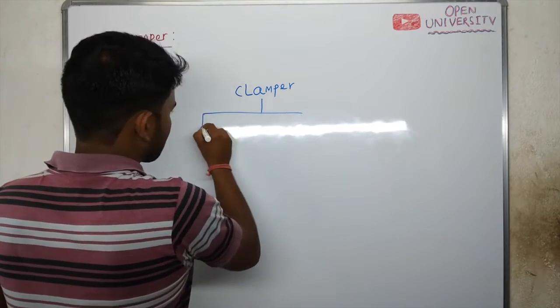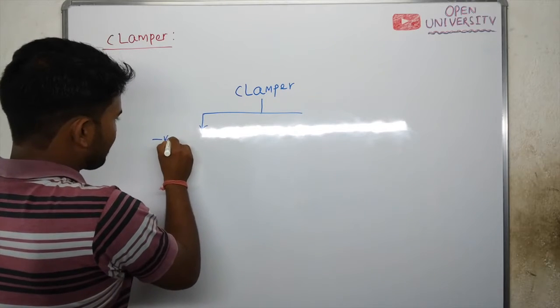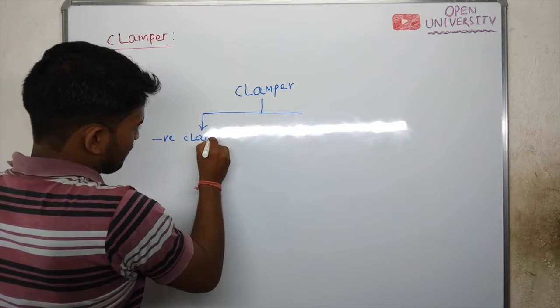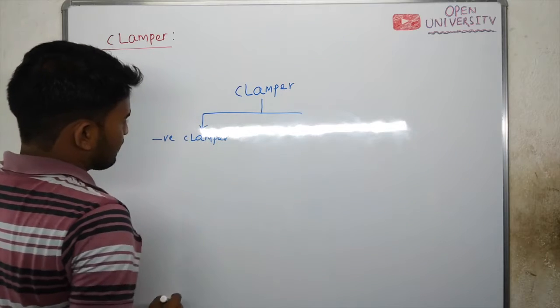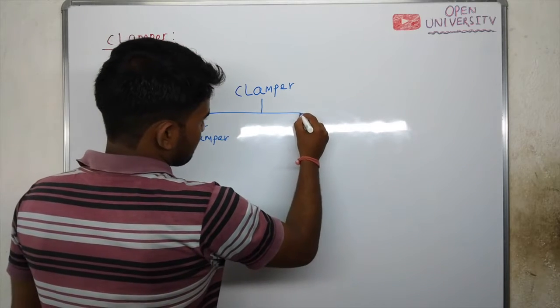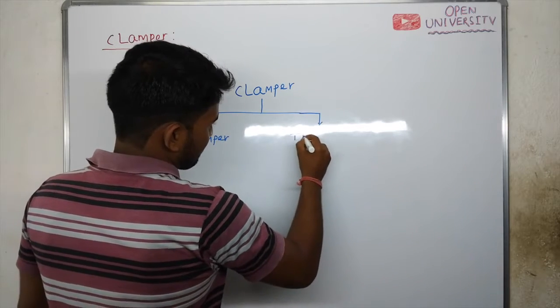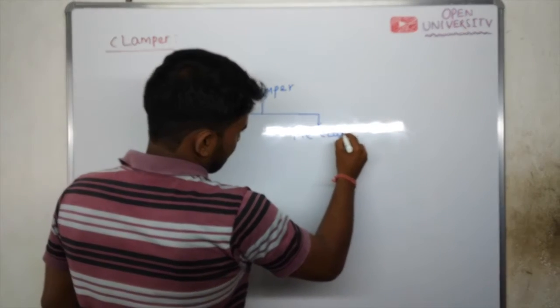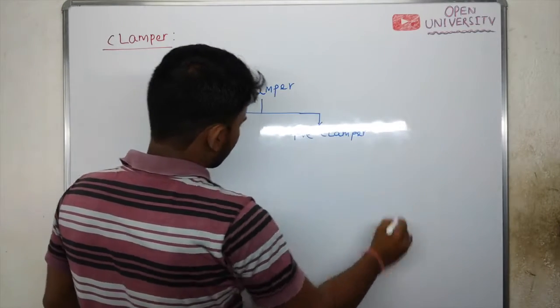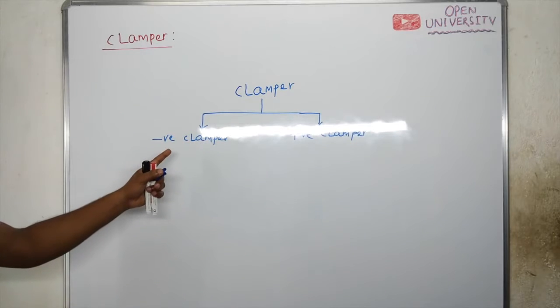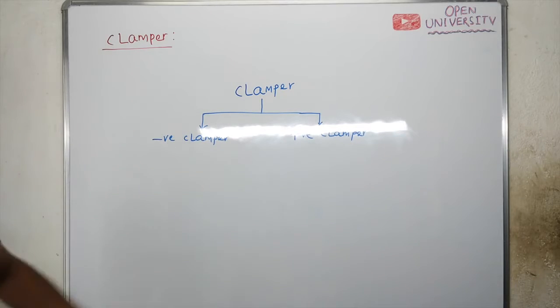One is the negative clamper and another one is the positive clamper. What is a negative clamper?